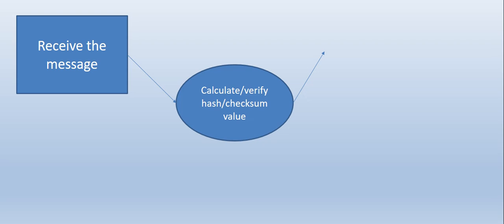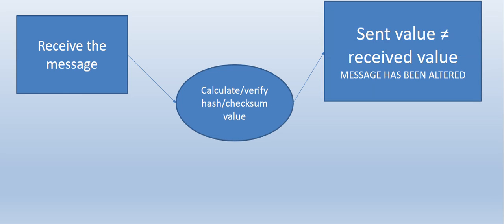All right, now two things can happen. The values of the sender and the receiver can match, or they cannot match. If they don't match, this means that the message has been changed, that it does not exist as it has been sent.